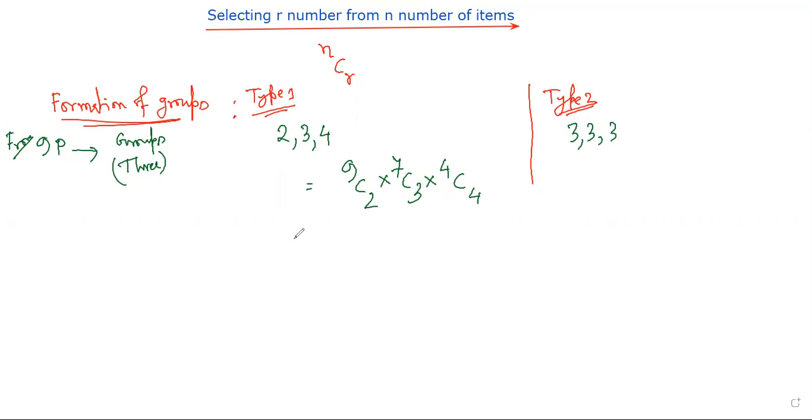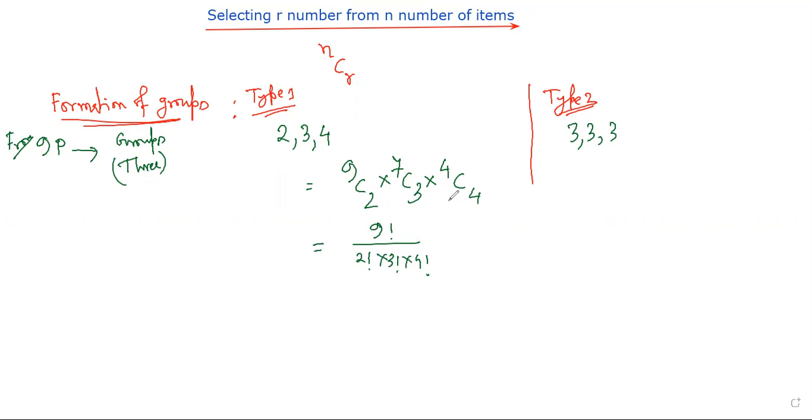And simplification of that would give me the result of 9 factorial by 2 factorial into 3 factorial into 4 factorial. The interesting point is, which one I am selecting first will be cancelled out whenever I am making the calculation. So first it is 2 or 3 or 4 is not important.